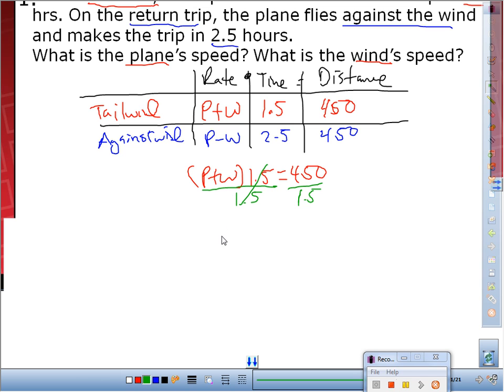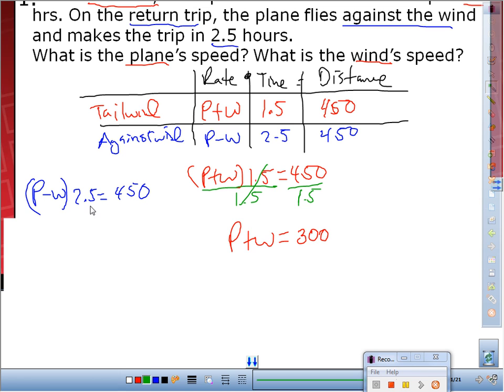Therefore, we get P plus W equals, how many? 300? Is that correct? Okay. And from there, I write my second equation, P minus W times 2.5 equals 450.